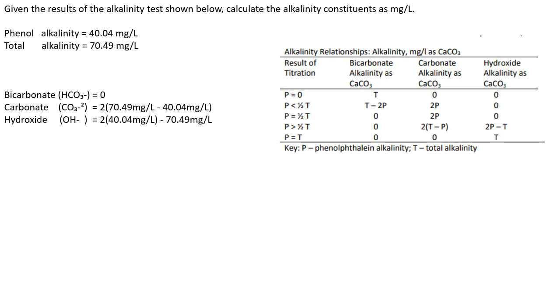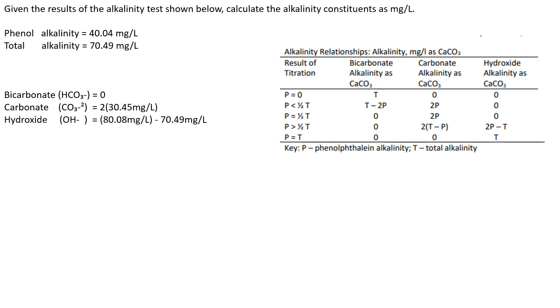Plug all that in. You're going to solve your brackets first. So you're going to have 70.49 milligrams per liter, the total, minus the P alkalinity of 40.04. And then you're going to multiply that by 2. And then you're going to do 2 times the P alkalinity, so 2 times 40.04. And then once you solve that, you're going to subtract the total alkalinity, 70.49.